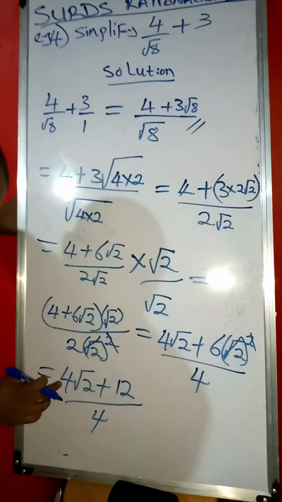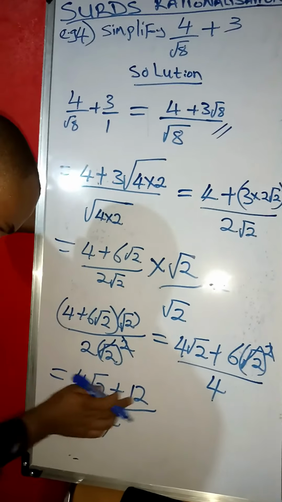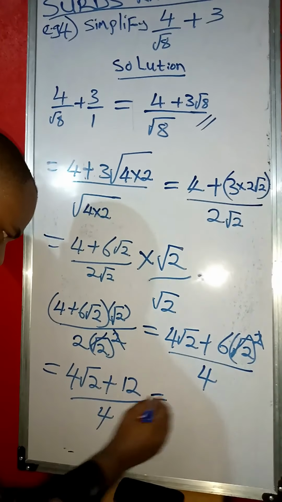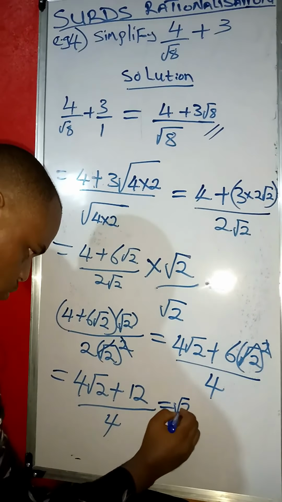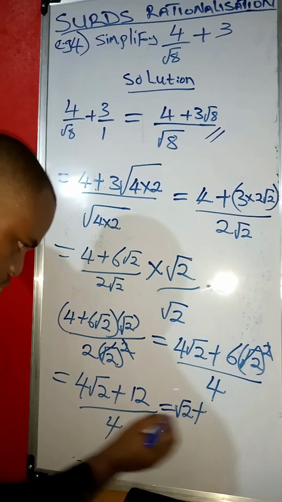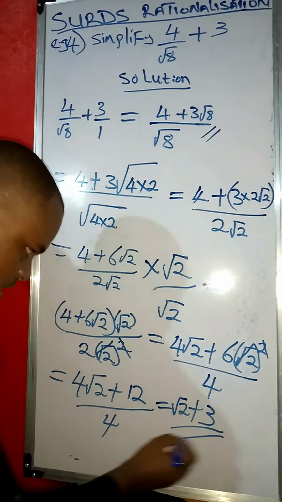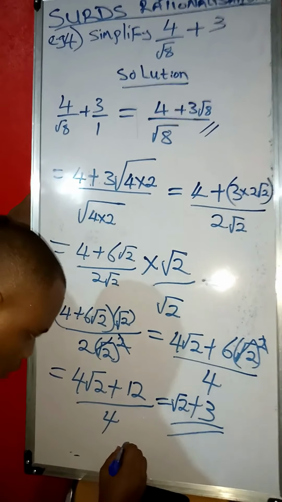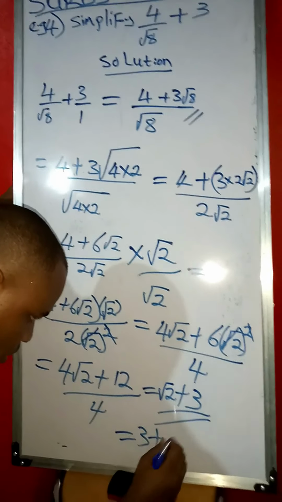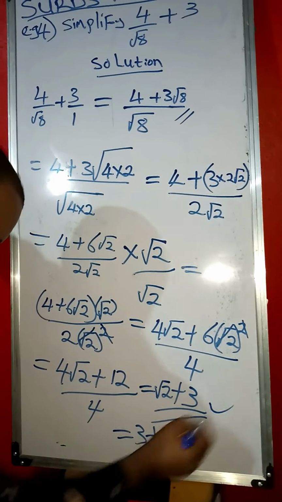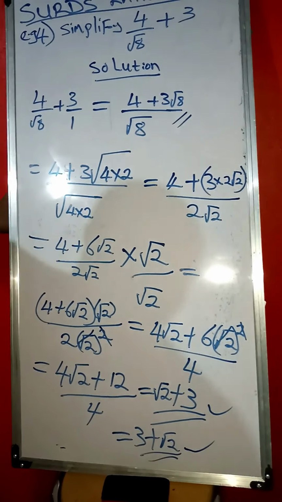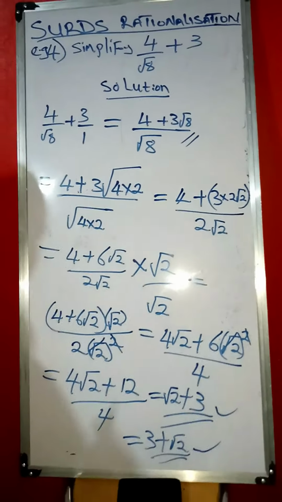This 4 can go into here. This 4 can go into here. So I can reduce this equation. 4 into 4 root 2, I'll be left with root 2, plus 4 into 12 is 3. So we succeeded in reducing that question to 3 plus root 2. If you write it as root 2 plus 3, you are still correct. If you write it as 3 plus root 2, you are still correct. Any one you like, you write it.